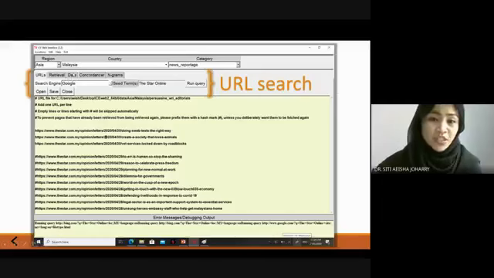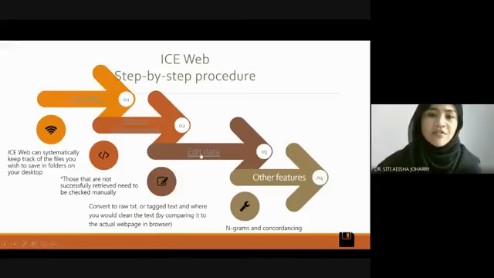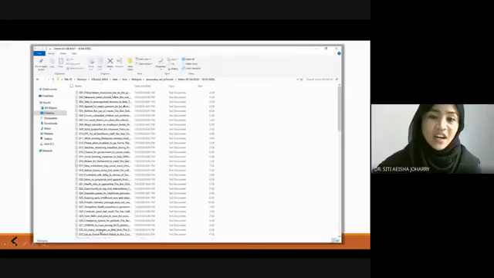The next part, the data or editing part, is where you click on here, and then you would get a very neatly saved list of your texts. So these are all in text documents.